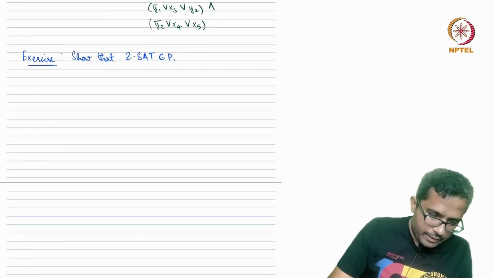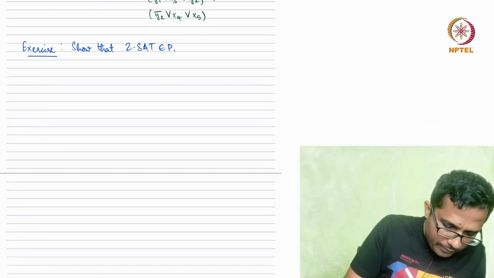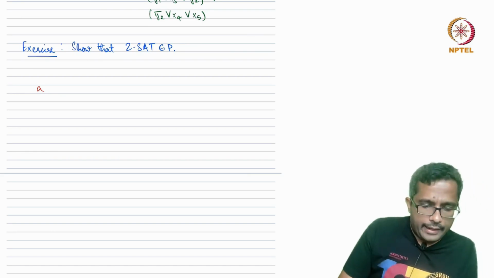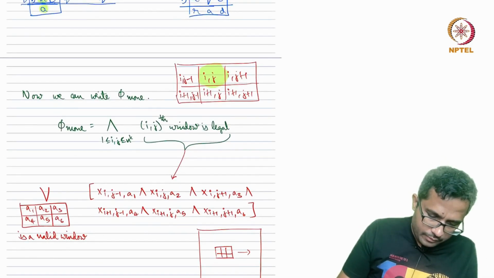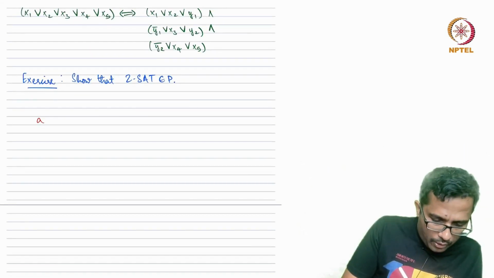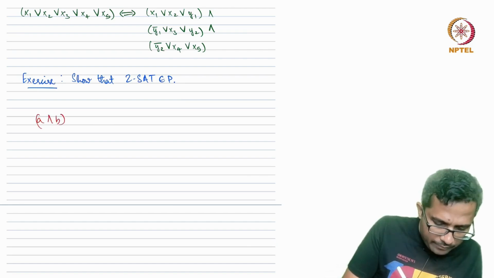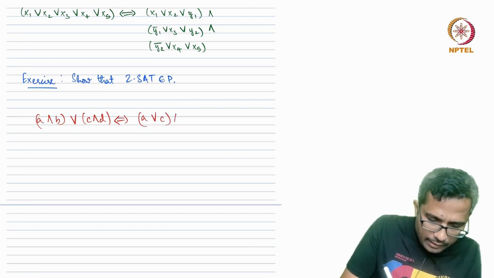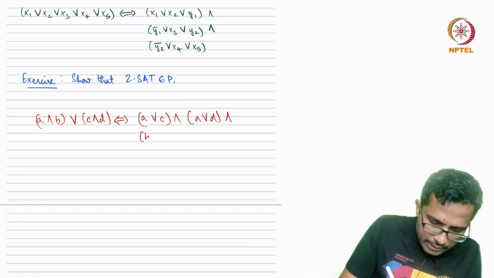For instance, just to give a small example, we want to show that an OR of ANDs can be written as an AND of ORs, right? Suppose (A and B) or (C and D). This is equivalent to (A or C) and (A or D) and (B or C) and (B or D).